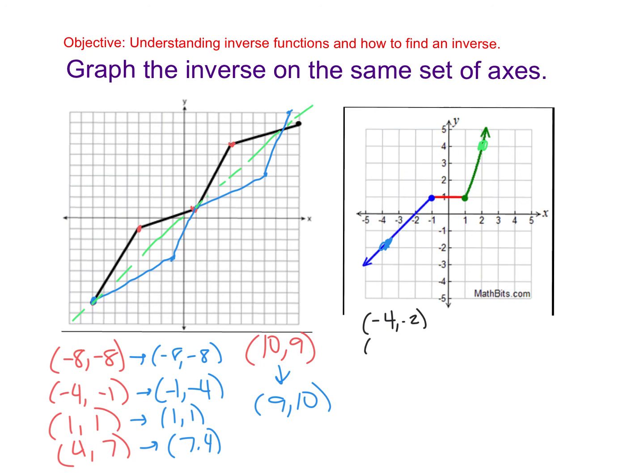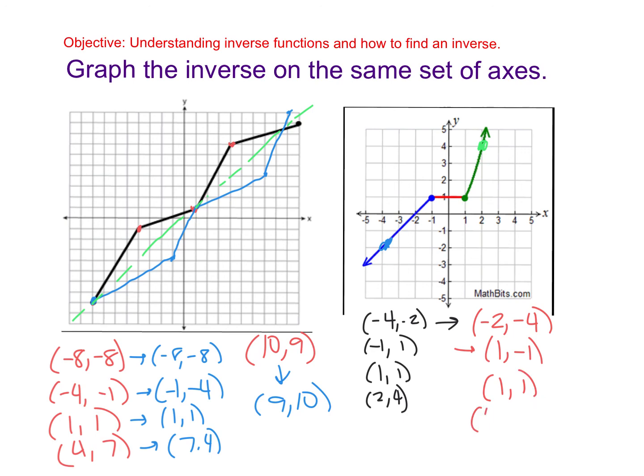I've got -1, -1, 1, 1, and 2, 4. Now, the green is actually a curve. I don't know if you've noticed that. All right, so this is -2, -4, 1, -1, 1, 1, and 4, 2.